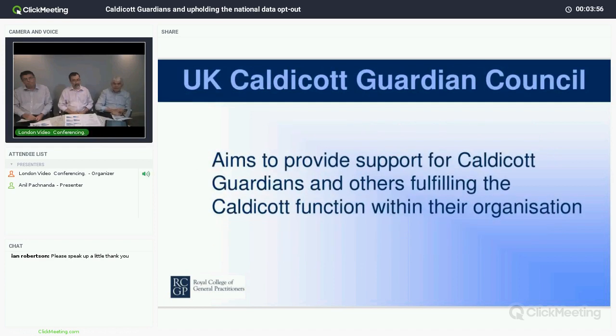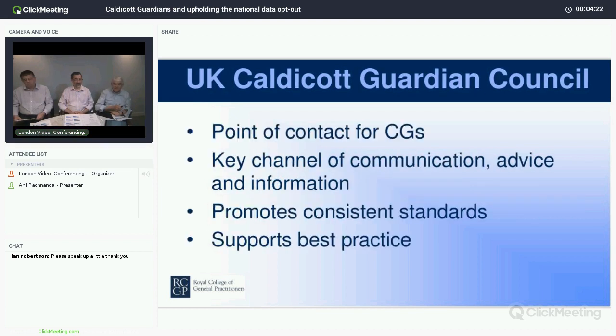Now, I chair the UK Caldicott Guardian Council, which is linked to the National Data Guardian Office. We aim to provide support for Caldicott Guardians and others who fulfil the same function within their organisation, although they may not necessarily be called Caldicott Guardians formally. We know that a lot of people are undertaking this role, and we're here to support anybody who needs our support.